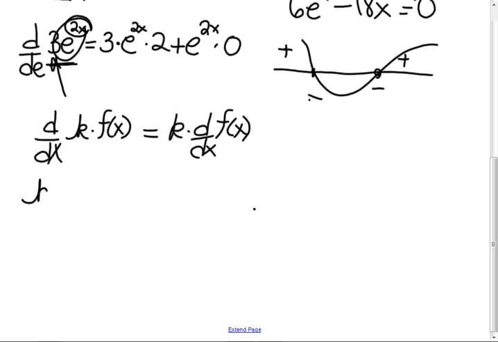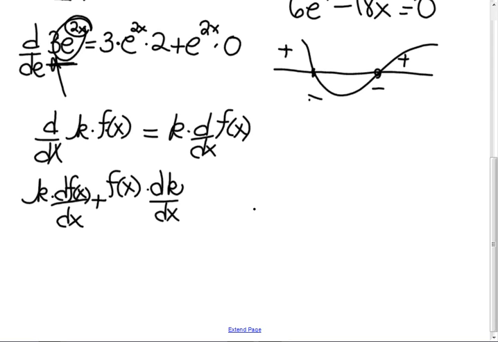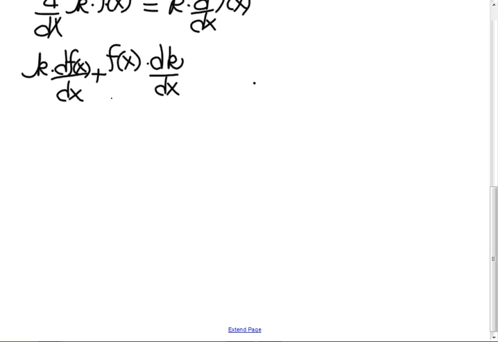Because first it's k times the derivative of f of x with respect to x plus, then you leave this one alone, f of x times the derivative of k with respect to x. But what is that derivative? That's 0. That's why you're allowed to pull that constant right on out of there.